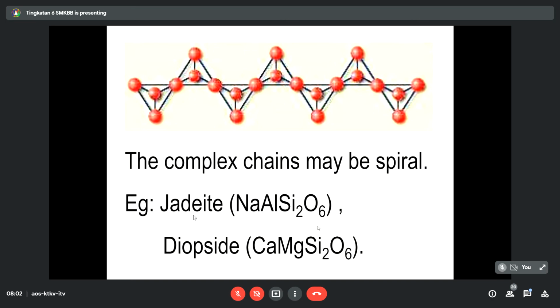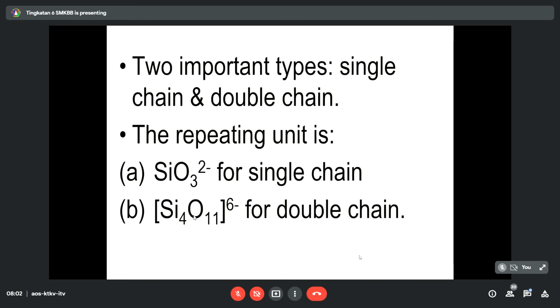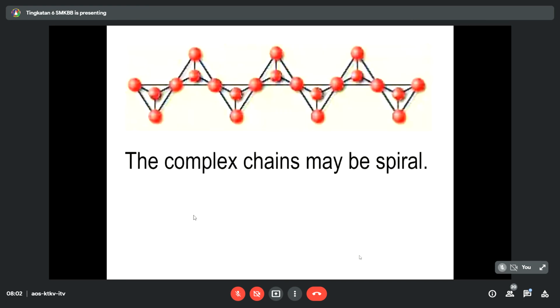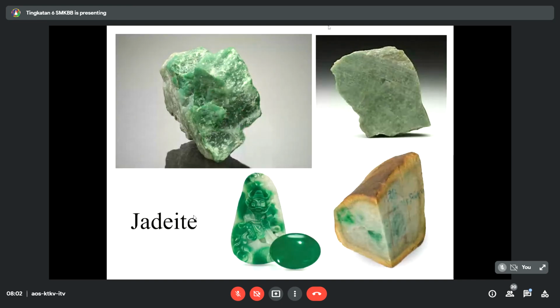So this one is Si2O6. That's the repeating unit, SiO3. So here, of course, only showing 2 units. Also there, the jadeite, okay, contains sodium, aluminum. Isn't it?